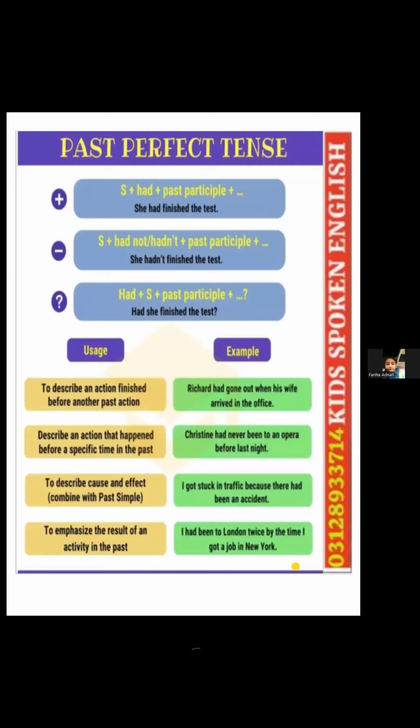Okay, so let's move on to Sadali. Sadali, are you there? Yes, ma'am. Sadali beta, make a sentence. She had gone to the school. Perfect, dear. Really well done. Okay, Fariha, kindly make a sentence. Ali had taken his lunch. Perfect, dear. Okay, Iman, make a sentence.